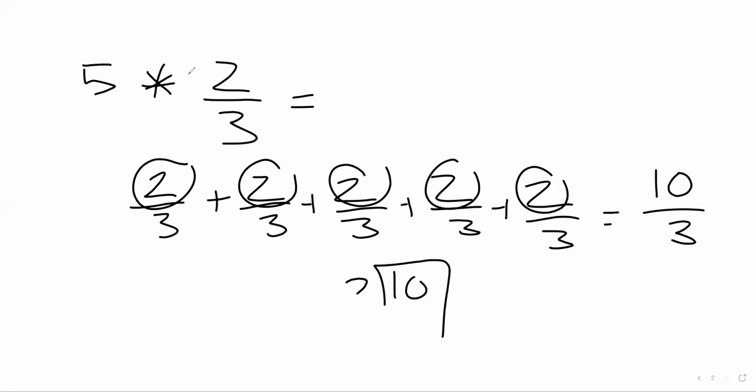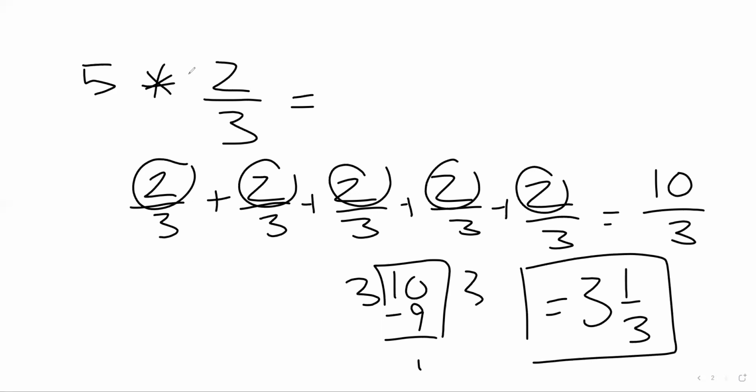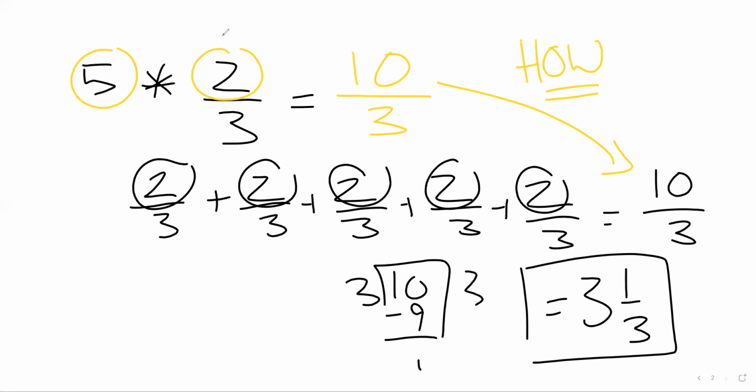Then I go into my division and get my product that way. And we've noticed that when we multiply these top numbers, we get that same thing. And that's really the how. This is how we do it: multiply across the top.